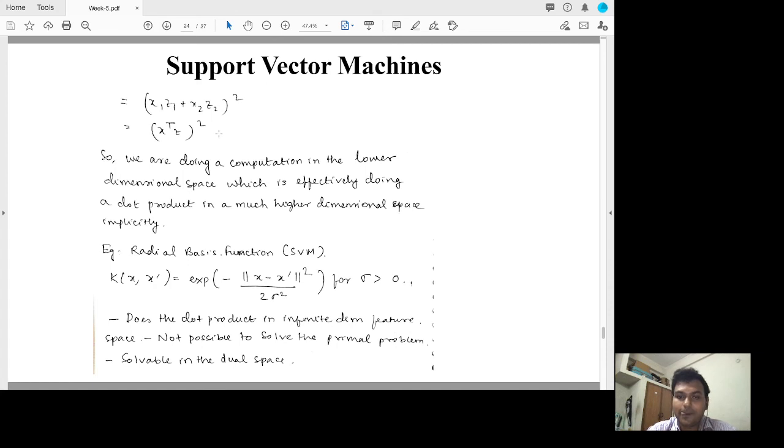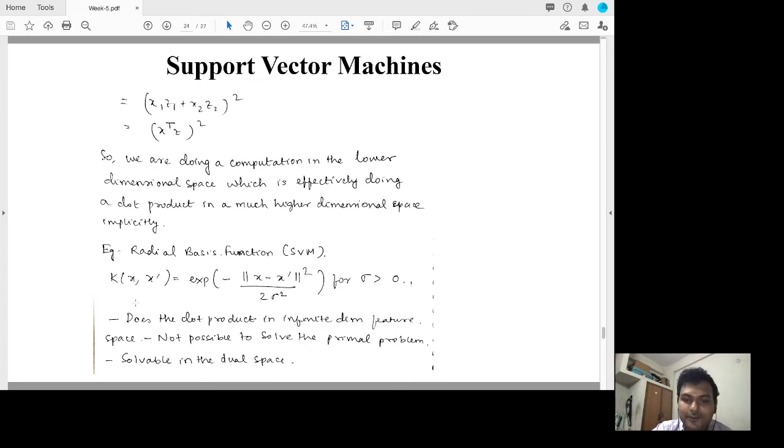You got it? So the most extreme case and the most famous kernel for SVM is the radial basis function, and you know this is an exponential function, correct? So you can break this up into an infinite number of terms, and this is basically doing a dot product in an infinite dimensional space.